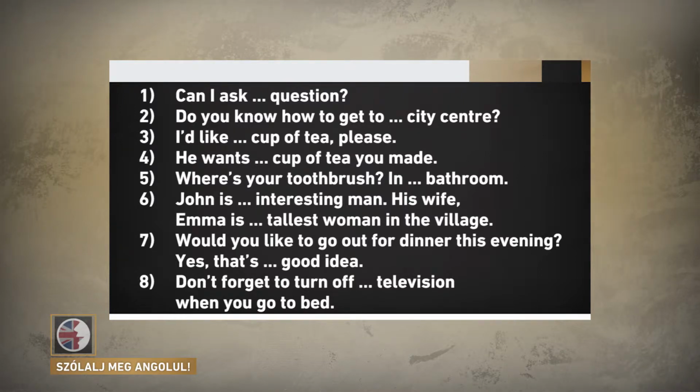Number 5. Where's your toothbrush? In bathroom. Number 6. John is interesting man. His wife, Emma, is tallest woman in the village. Number 7. Would you like to go out for dinner this evening? Yes, that's good idea. Number 8. Don't forget to turn off television when you go to bed.